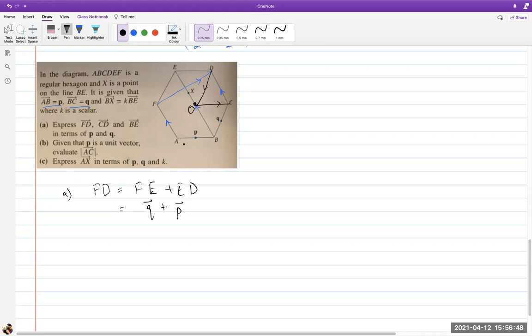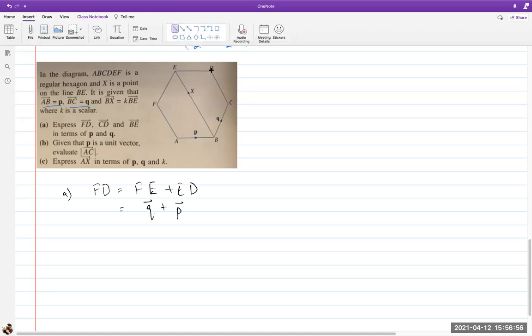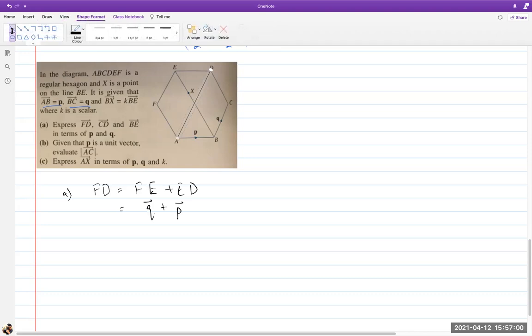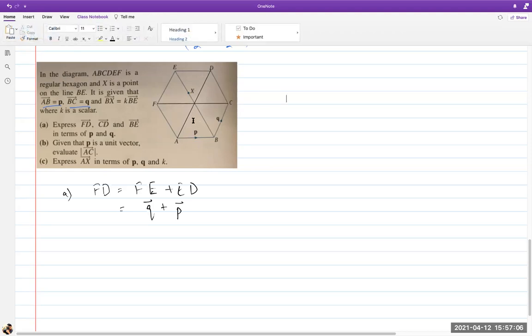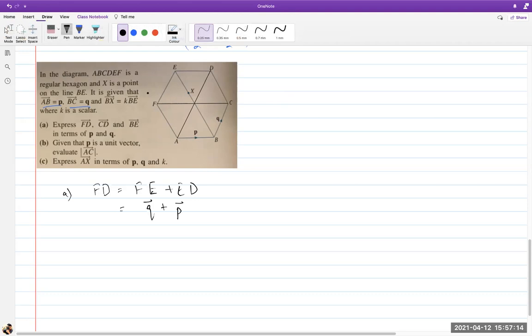Direction is the same. Because what I'm doing here is that I'm dividing this whole parallel, this whole thing into equal parts here. So if I draw it like that, and I draw this like that, I know that these are all equilateral triangles. So that's just a hexagon, the way it is.